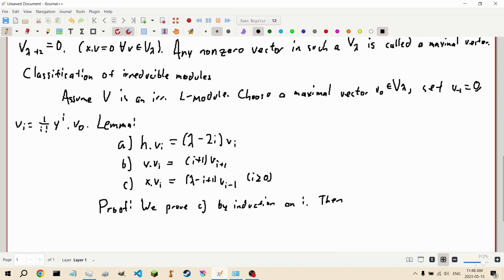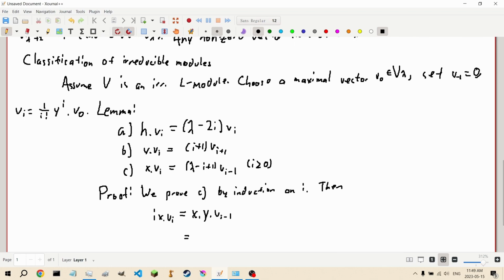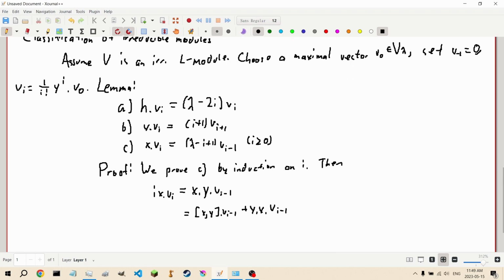Then we get that i times v_i is equal to x times y times v_{i-1}, just by applying B, which is equal to the bracket of x and y on v_{i-1} plus y on x of v_{i-1}, which is equal to h.